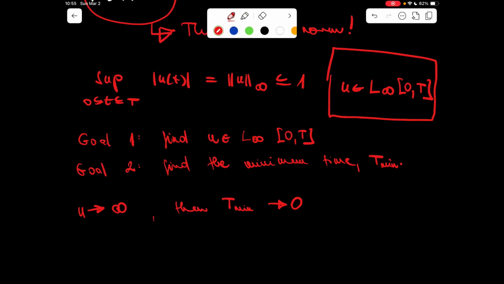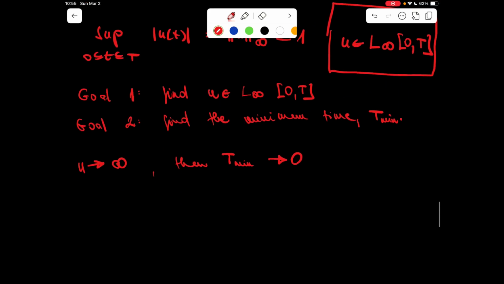So there is a trade-off between the absolute value of u(t) and T min, the minimum time.